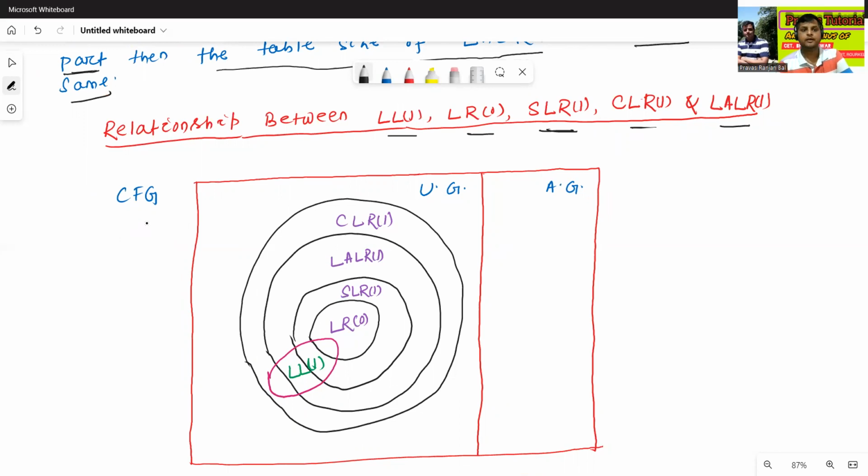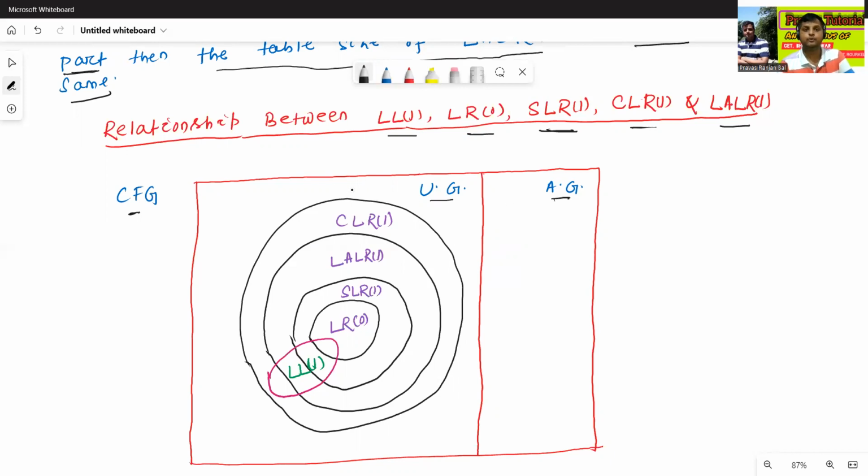Say this is the context free grammar. The context free grammar is divided into 2 parts. One is unambiguous grammar and the second one is ambiguous grammar.